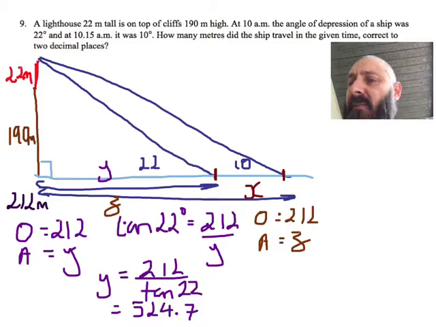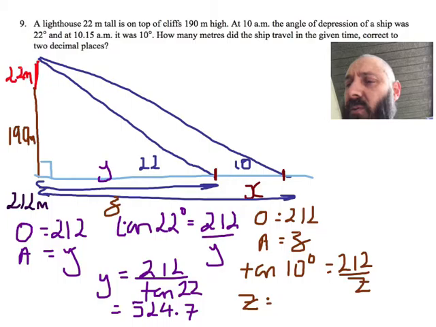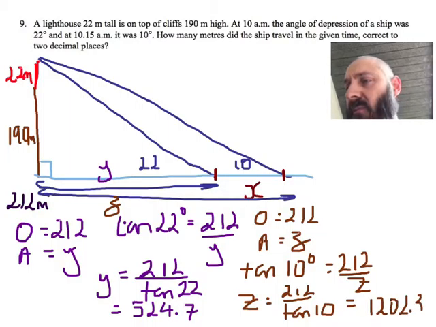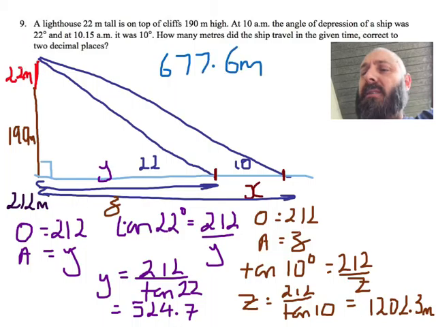And again, this time tan 10 degrees equals 212 over z. z equals 212 over tan 10. And I squeeze it in the bottom, 1202.3 meters. And then I subtract for 677.6 meters, okay? And that was this one taking this one.